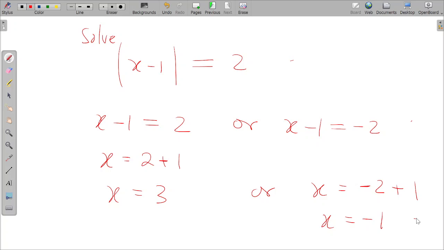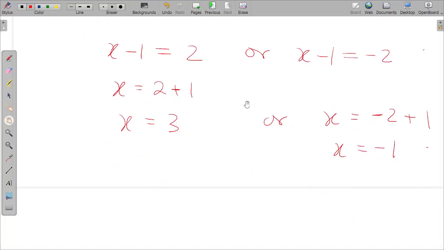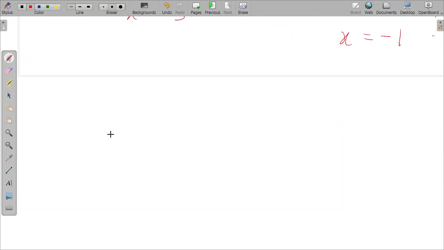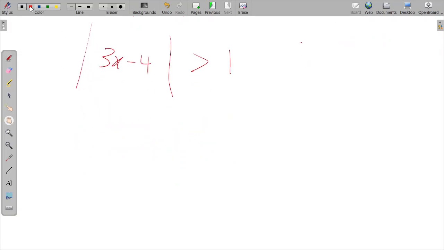All right, another one with the inequality. If I have the absolute value of 3x minus 4 greater than 1, don't forget this is now greater. In greater, how do we open it up?